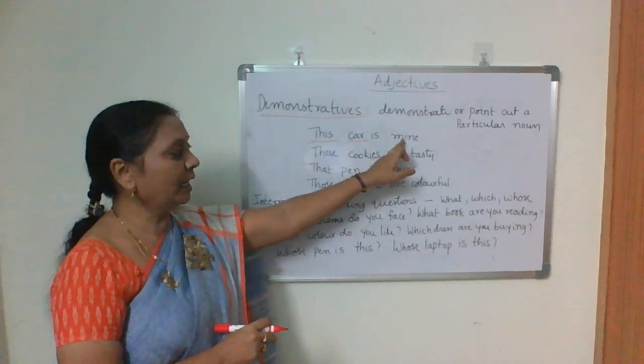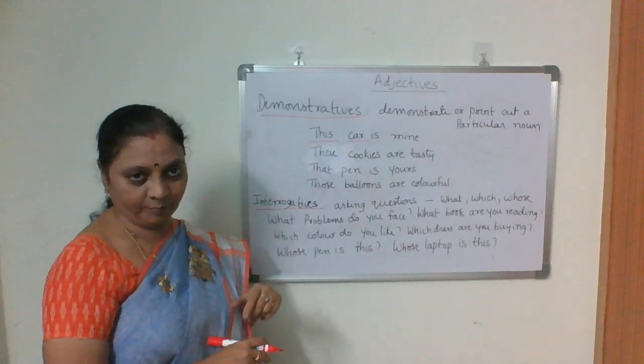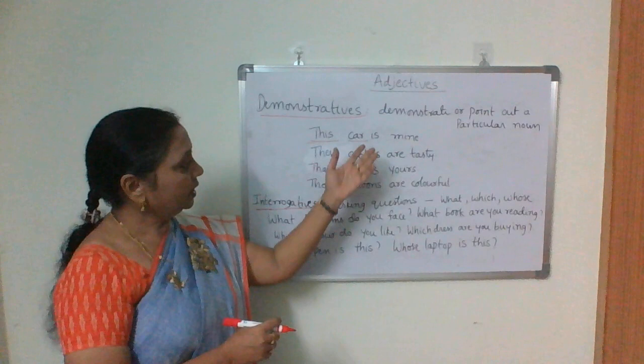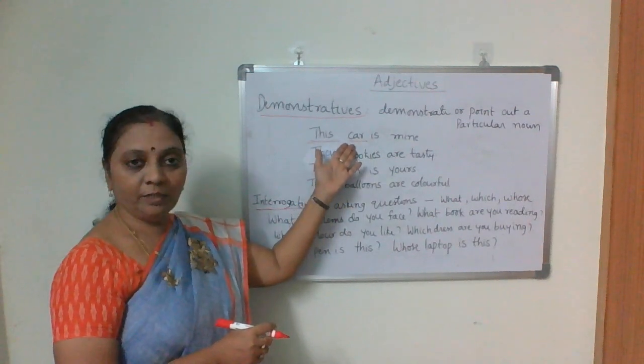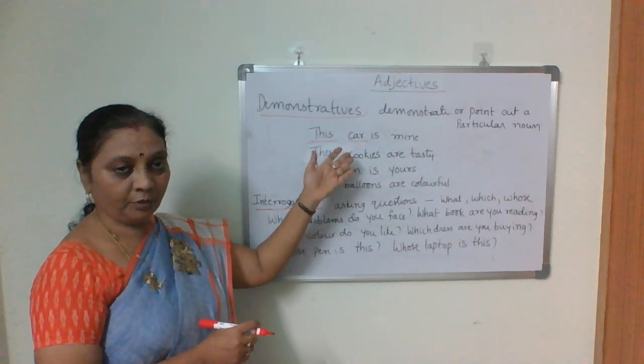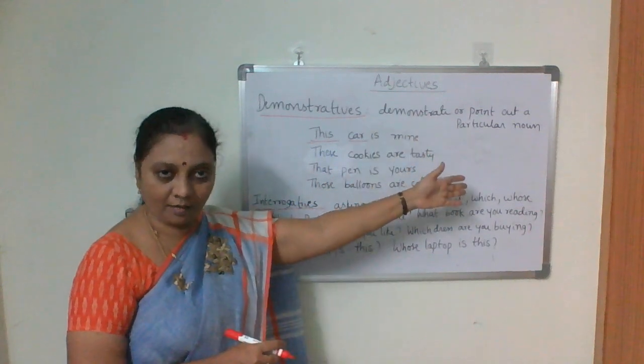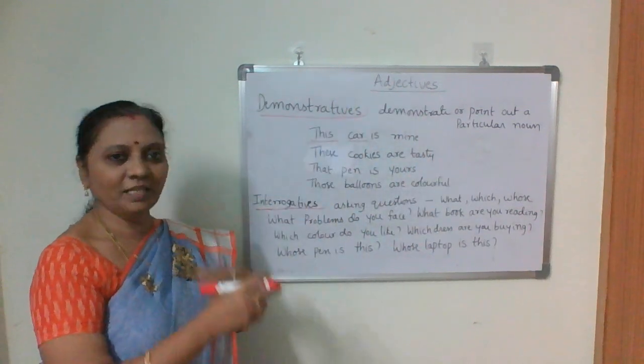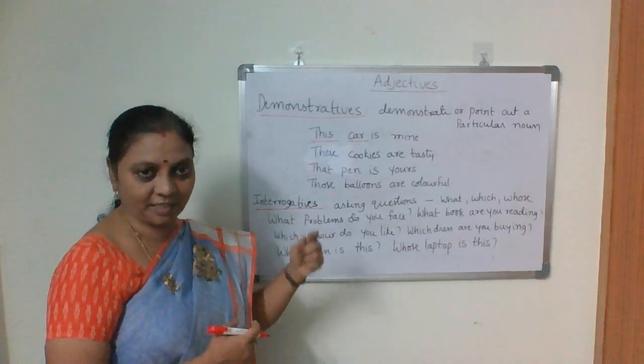This car is mine. Mine again, pronoun, isn't it? These cookies are tasty. In the same thing, this car is mine. You can use it even as a demonstrative pronoun. This is my car. When you use this is, my car again becomes possessive, so all these four are interlinked. This is my car.